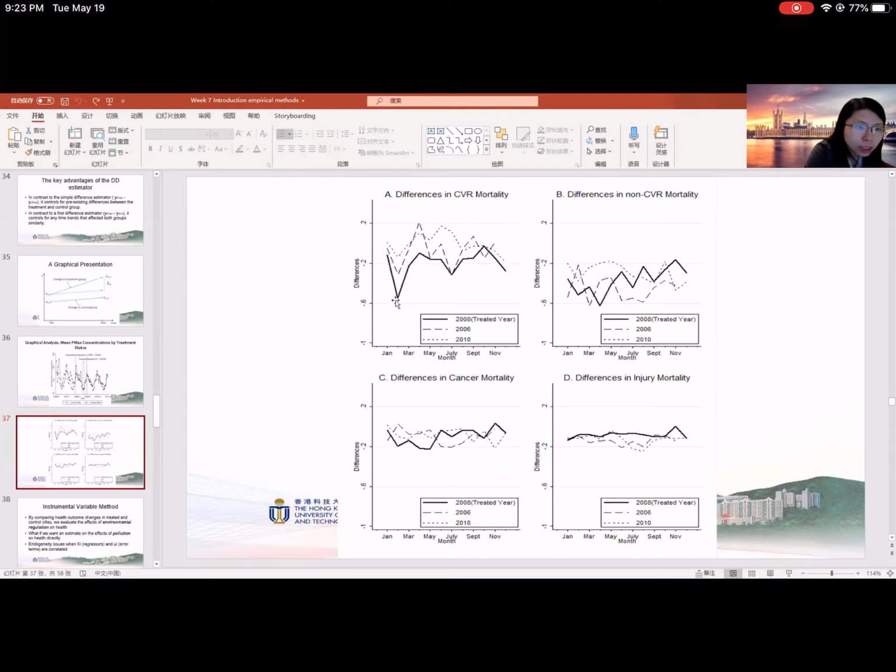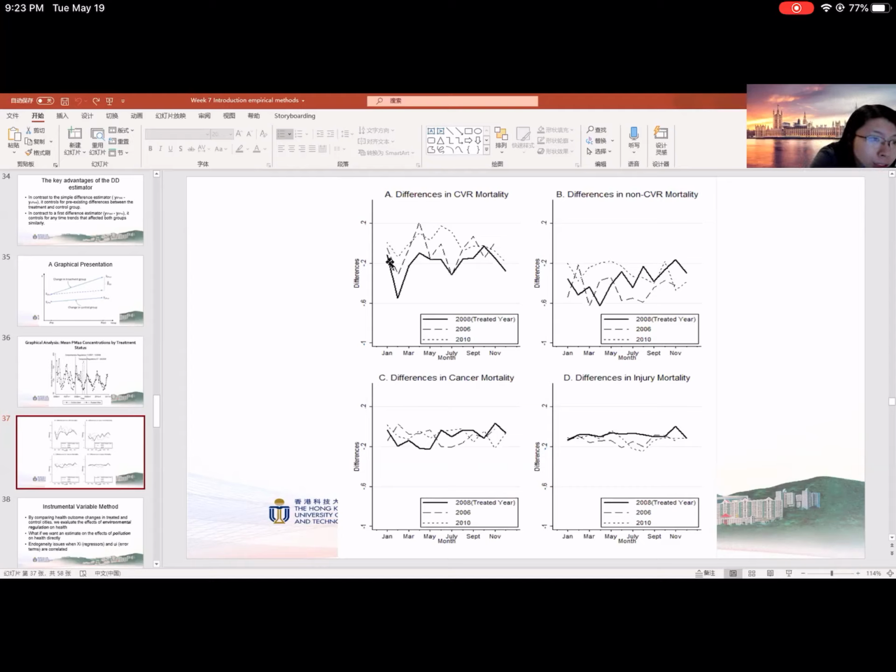As you can see, the CVR mortality rate difference between treated and control cities in 2008 lies consistently below the same treated-control difference in 2006 and 2010. So it was showing that Beijing residents in general were less likely to die from CVR diseases.